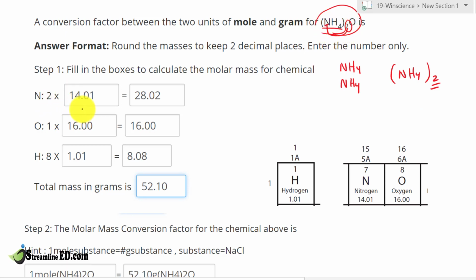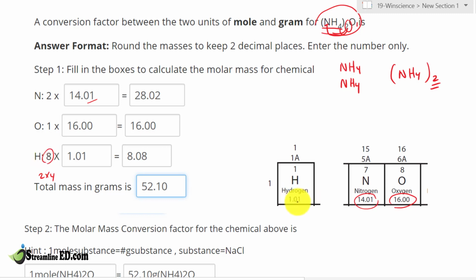And what's the mass for nitrogen? Well, nitrogen is 14.01. See again, 2 decimal places. What about oxygen? Well, oxygen is right here. There is only 1 oxygen, so 16.00. And then for hydrogen, we have 2 times 4, which is 8 hydrogen total.